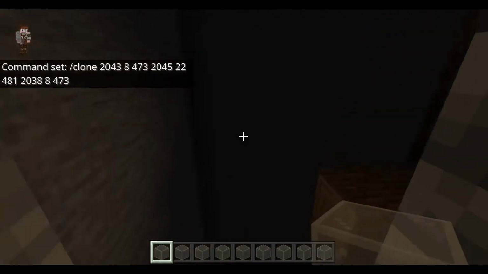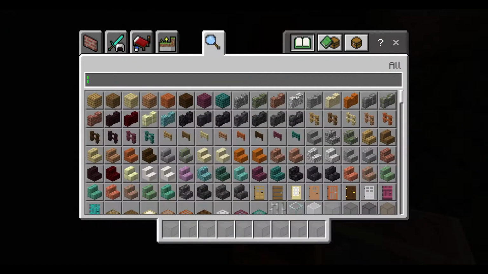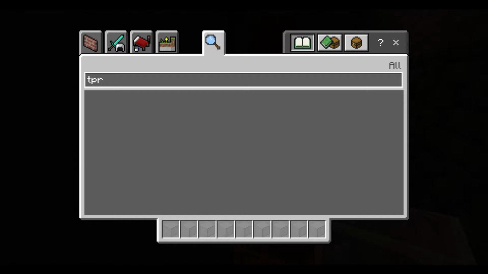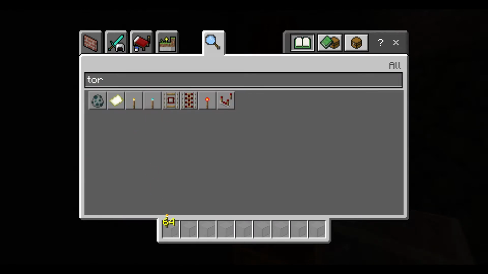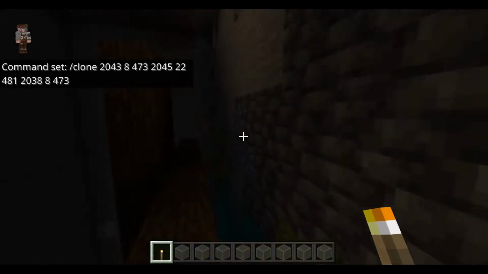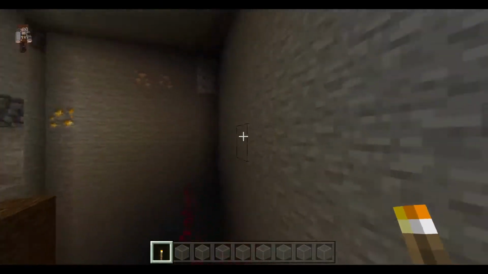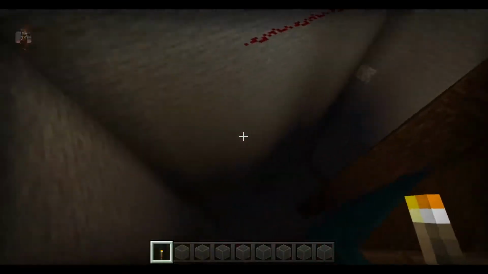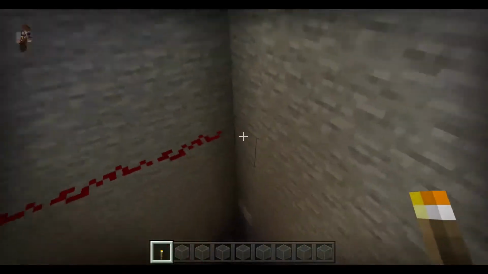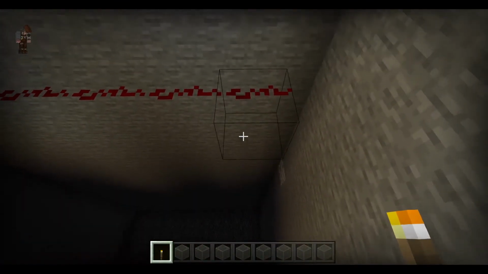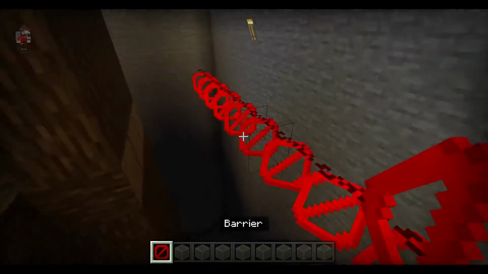So if we look back in here, let me lighten this up a little bit. Get some torches, and I can show you what this looks like back here. So we basically have the two things that we pull in. We have the redstone dust with barrier blocks underneath it. Was that intentional?